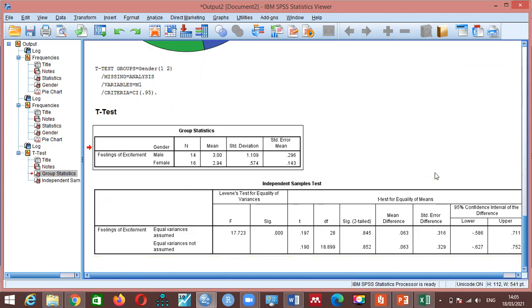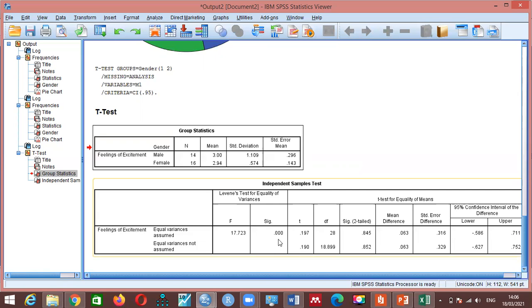If there was a hypothesis, the null hypothesis stated there is no significant difference between the responses of both genders, and then we have the alternative stating there is a significant difference. What is this telling us? This is telling us that there is a significant difference.